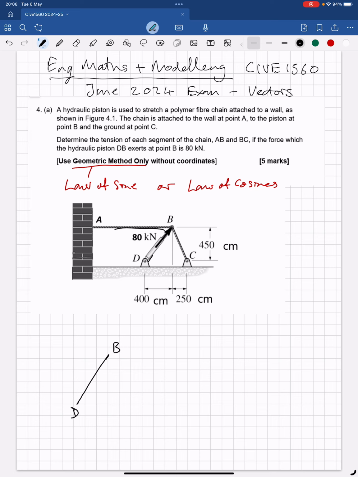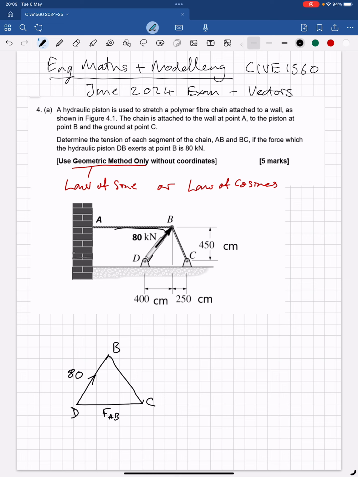We can then say, well, we know BC, we know the line of BC, the force is going to act along there, BC. And joining them will be something that represents the force AB. We can add on to that 80 kilonewtons.